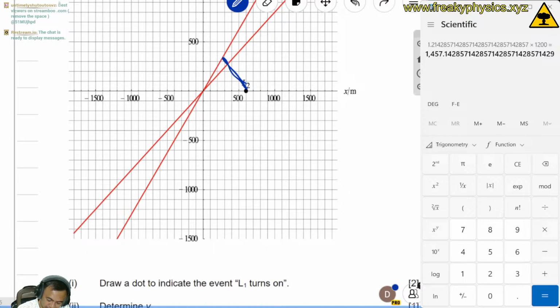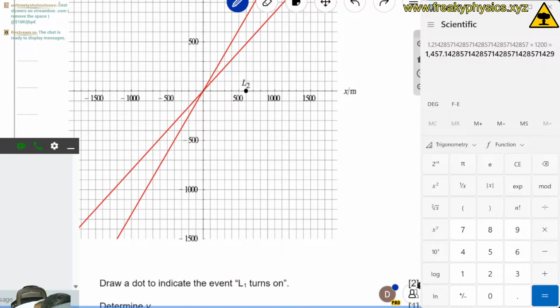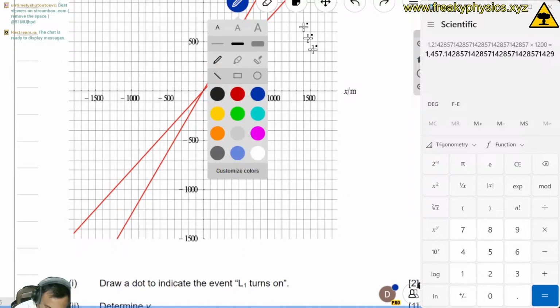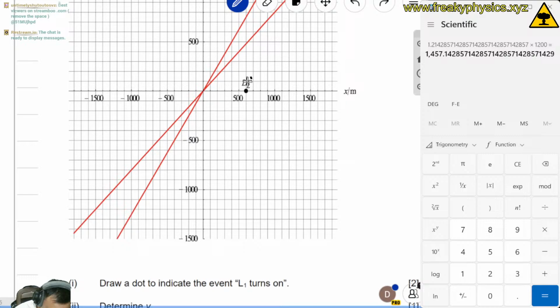Okay, I think I got it. Okay, this is easier. So where is 45 degrees though? It's gonna be a bit hard to draw.